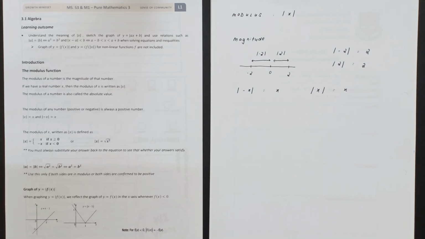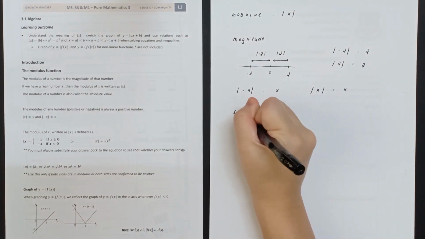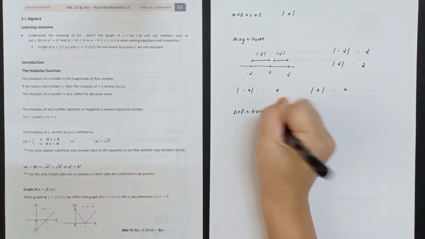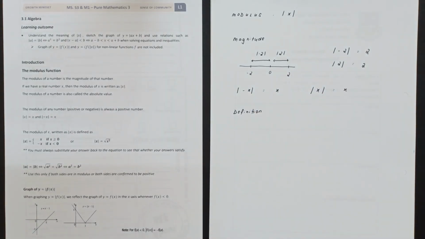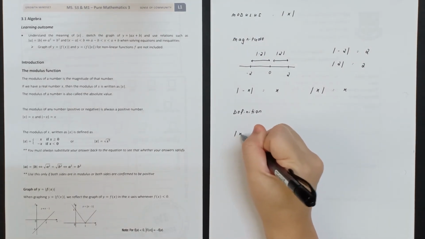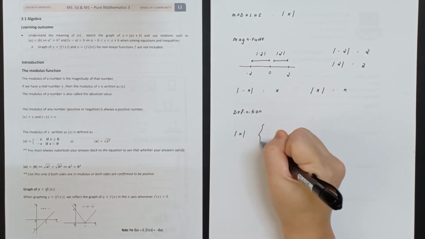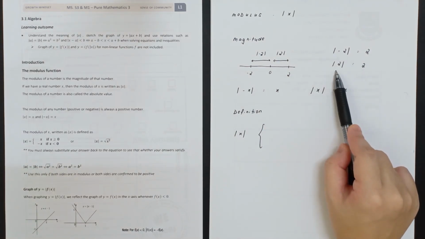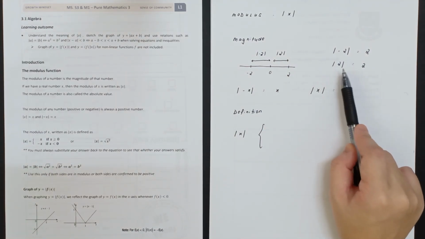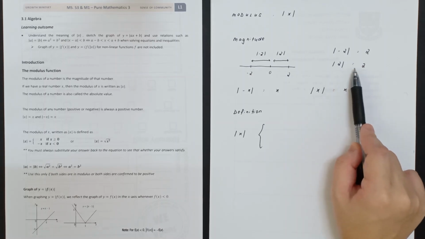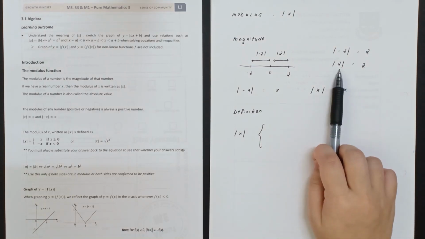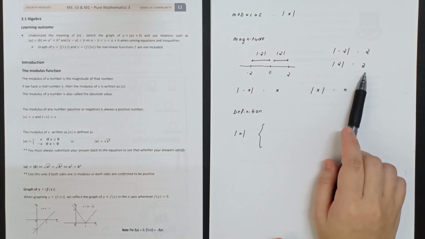Let's try to do some definition. The definition of modulus, when we write it in a more appropriate way in mathematics: if you have something like just now, 2, anything that is positive in a modulus, after you solve it, you get exactly the same number.